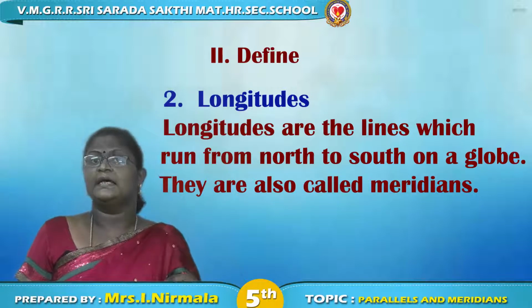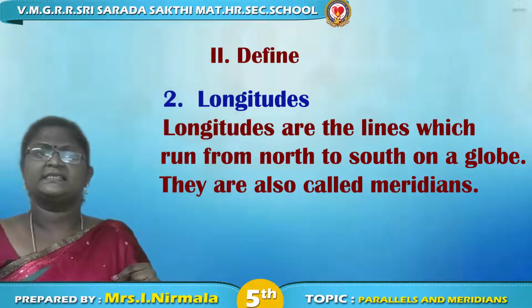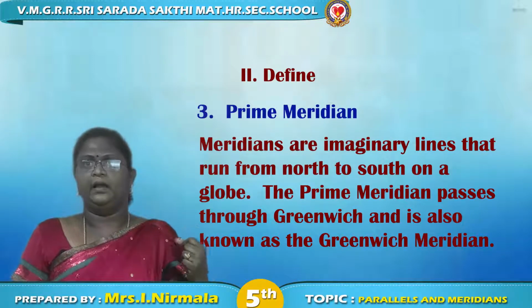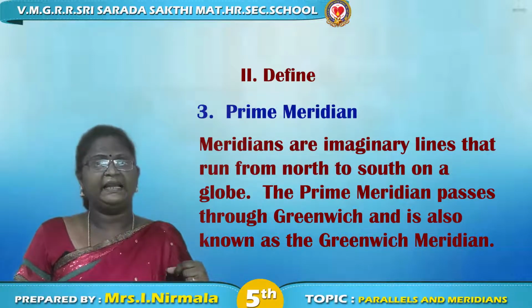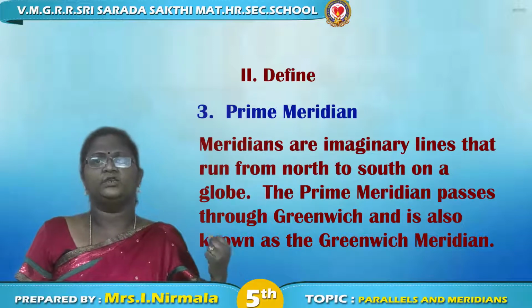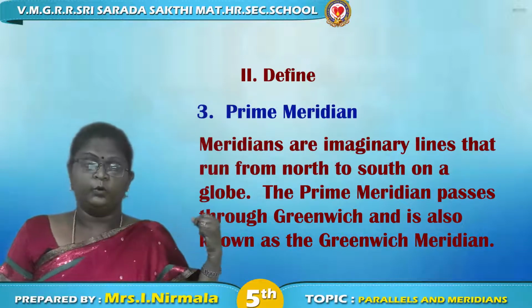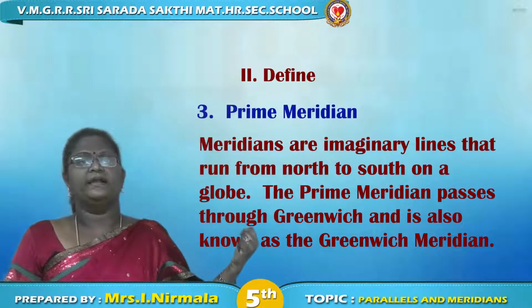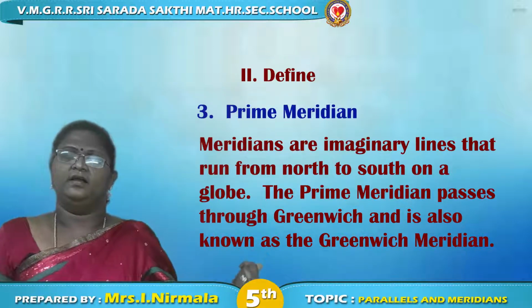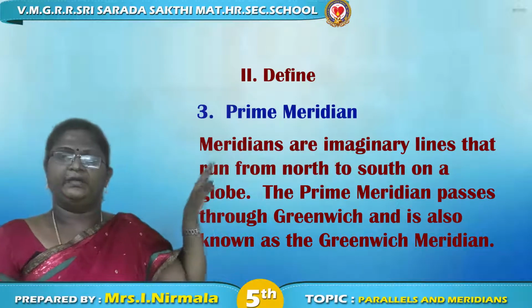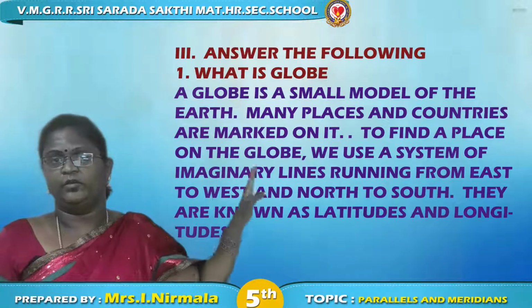They are also called meridians. Third one is prime meridian. Meridians are the imaginary lines that run from north to south on the globe. The prime meridian through Greenwich is also called the Greenwich meridian. With this we come to the end of define, and the third Roman letter is answer the following.